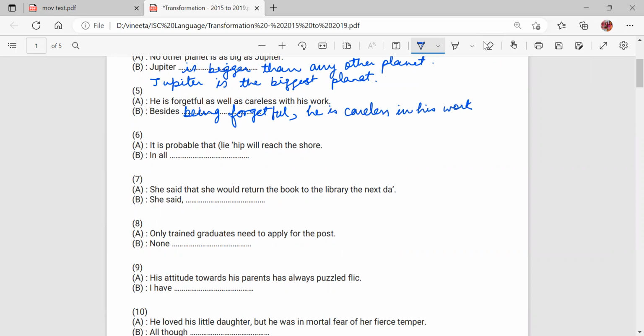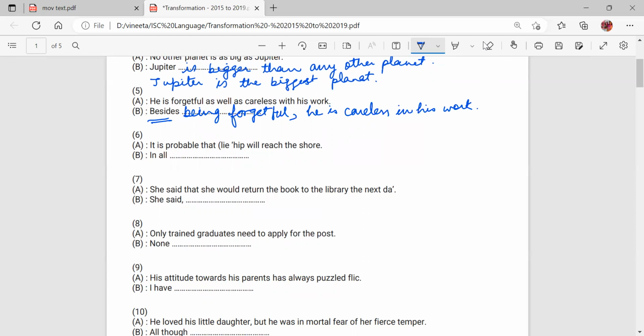Now, very common mistake which children do, besides being forgetful, he is careless also in his work. They put also, and there the sentence becomes wrong, because besides means in addition to, in addition to being forgetful, forgetful होने के साथ साथ वो काम में केयरलेस है. फिर हम ये नहीं कहते हैं forgetful होने के साथ साथ वो काम में केयरलेस भी है.